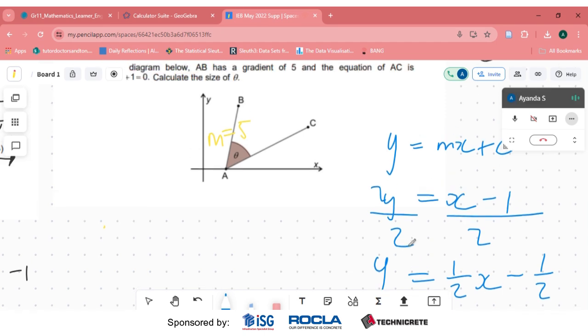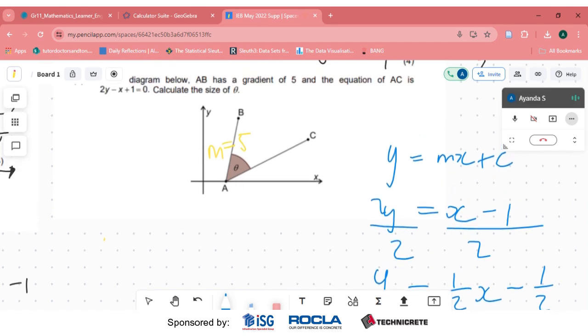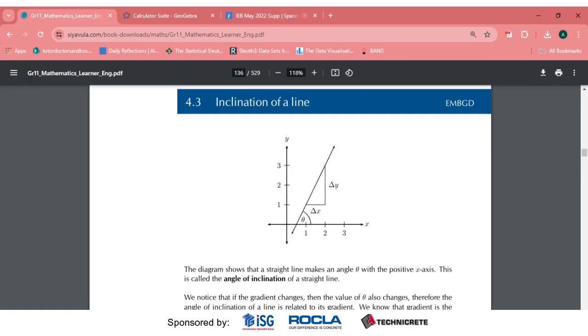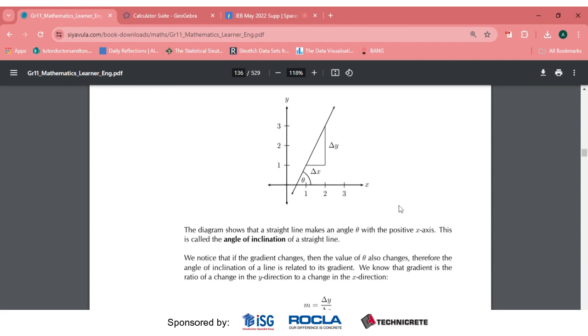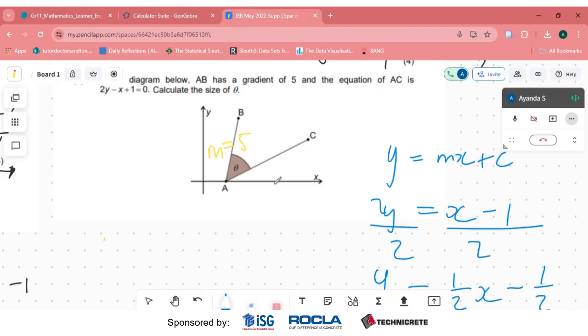We're asked to calculate the size of theta. Now, I want us to quickly do some revision on some grade 11 stuff. The diagram shows here that a straight line makes an angle theta with the positive x-axis. So the x-axis on the right-hand side of the y-axis, similar to what we have here.